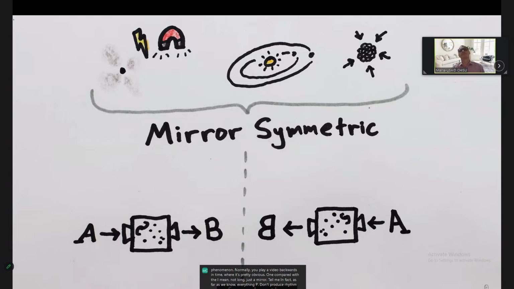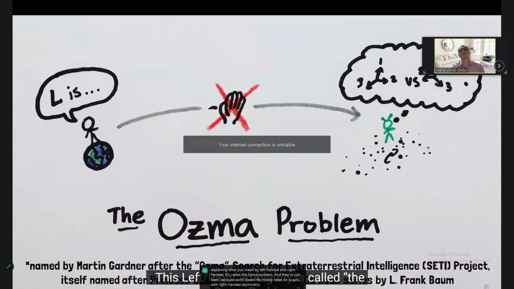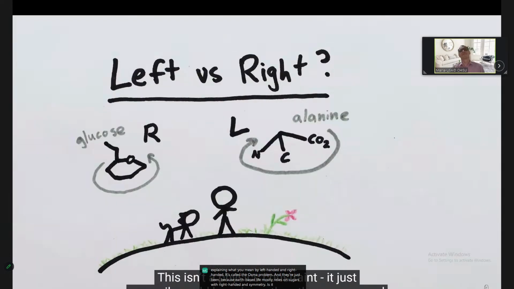The mirror symmetric, that would mean a way of explaining what we mean by left, relies on sugars with right-handed symmetry.